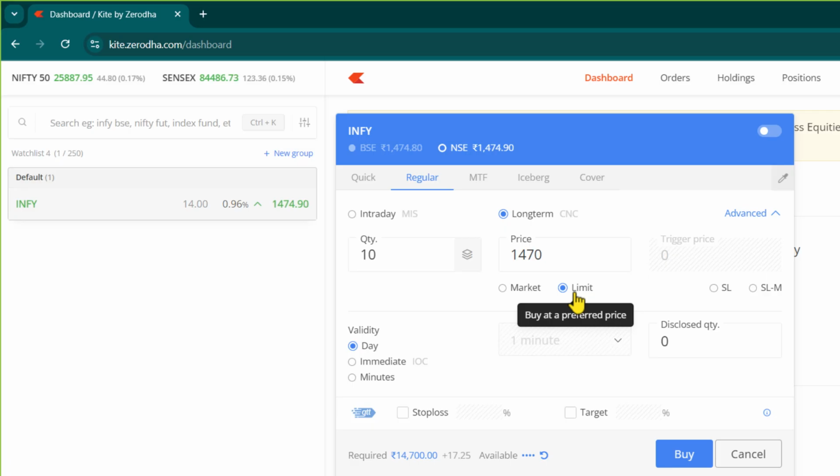If the price doesn't come to 1470 at all, then my order will get cancelled after the market closes. So I can click on buy to place the order, which I will not do right now. But I hope you got the idea of this.